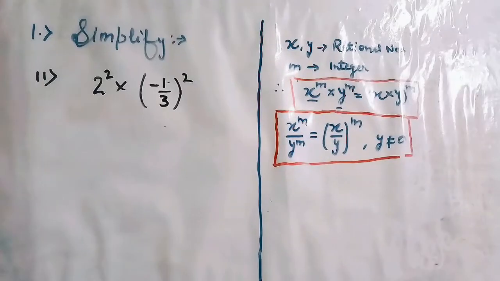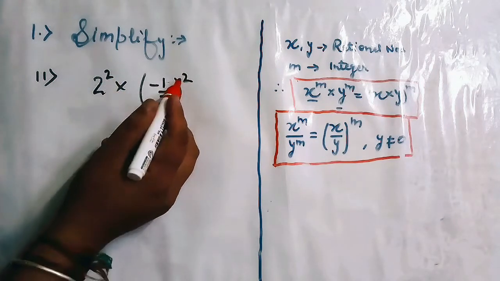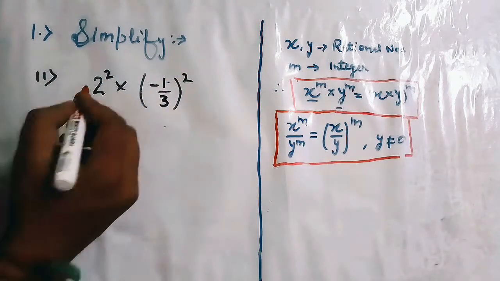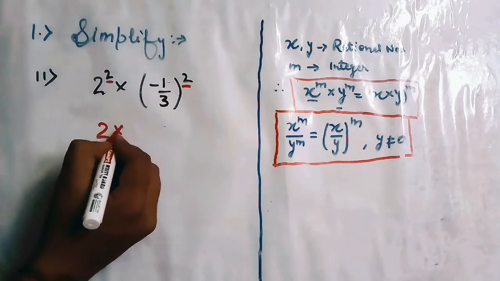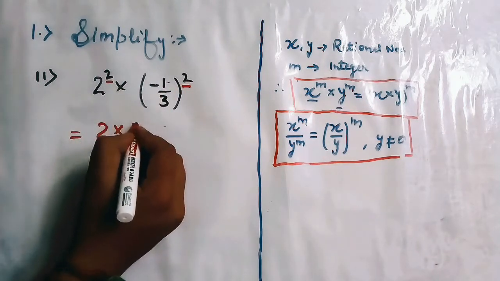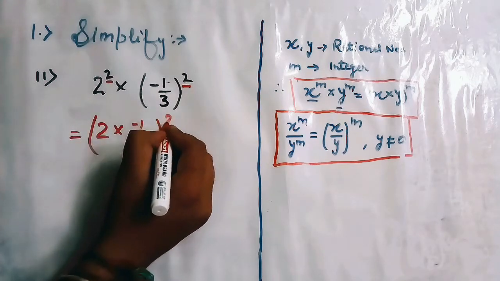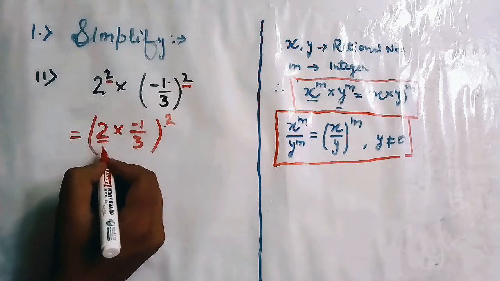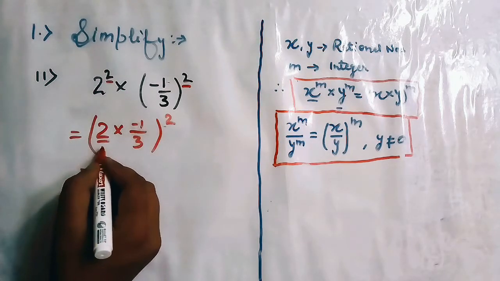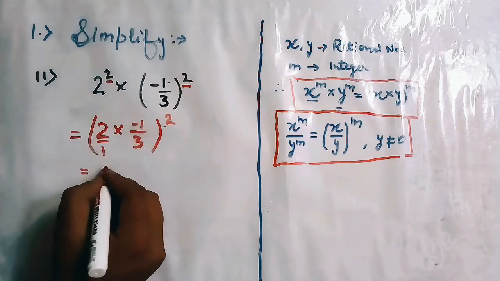Let us simplify one more question, that is 2 raised to power 2 multiplied by (minus 1 upon 3) whole raised to power 2. So power is same again, take it common. (2 multiplied by minus 1 upon 3) whole raised to power 2. Use first property. So 2 can be written as 2 upon 1, and now multiply numerator with numerator.